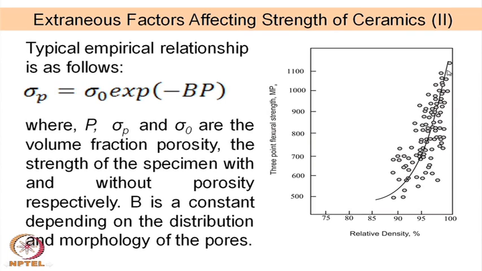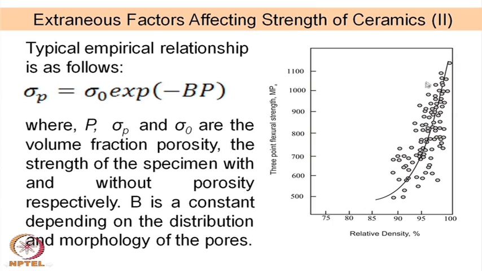Higher is the density, higher is the strength, which is quite obvious, but it is not a linear relationship, it is an exponential relationship. When the porosity is very high, the strength is quite low, but as you approach higher and higher density or almost theoretical density, it increases exponentially.